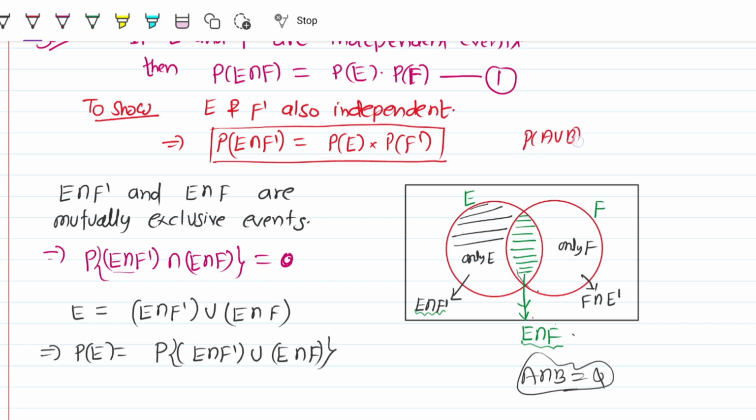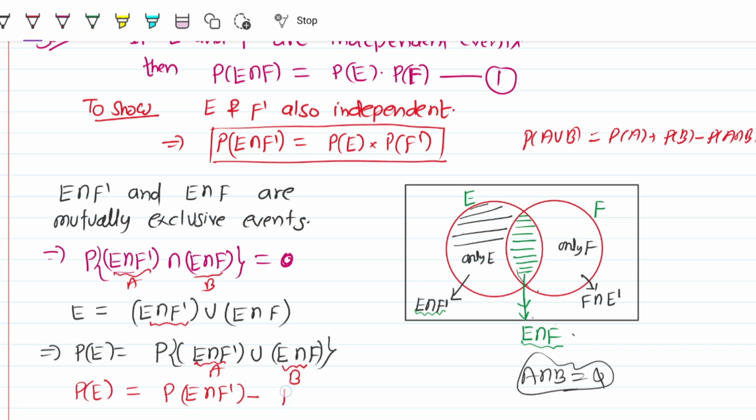P of A union B is PA plus PB minus P of A intersection B. Suppose this is your A and this is your B. But probability of A intersection B is 0, given. So it implies P of E is P of E intersection F dash plus P of E intersection F.